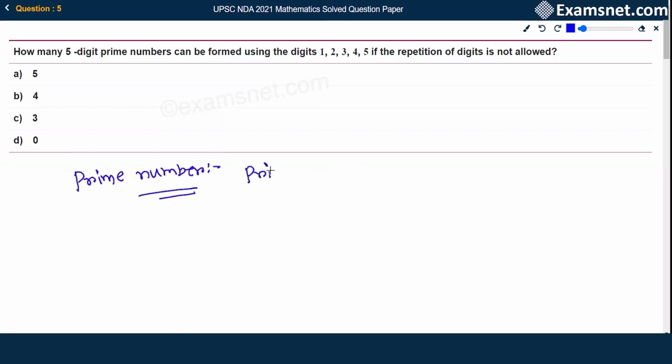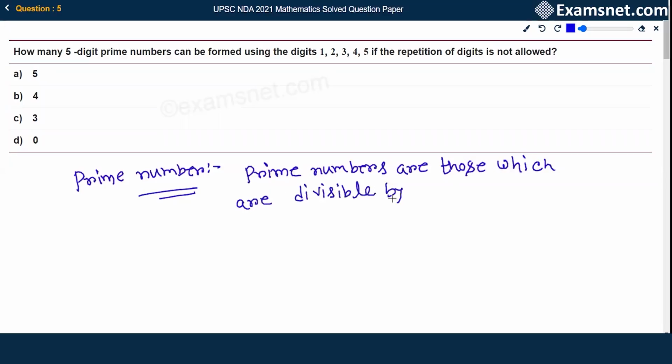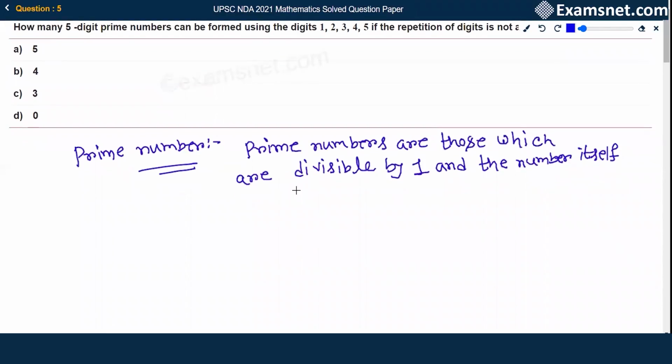Prime numbers are those which are divisible by 1 and the number itself. Okay. So what will be the answer? First let me tell you, not a single 5-digit prime number can be formed using the digits 1, 2, 3, 4, 5 without repetition.